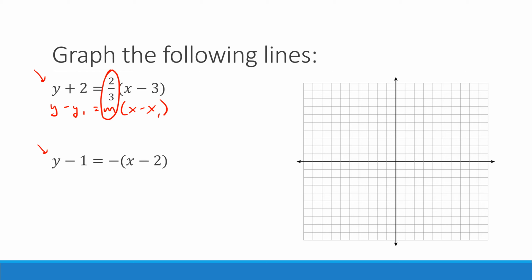But what is the point that I'm given? Notice that since I have a minus sign in here, x1 is 3. So my point is 3. Notice that's kind of the opposite of what I would think it would be. Some people, when they look at this, think, oh, this is minus 3.